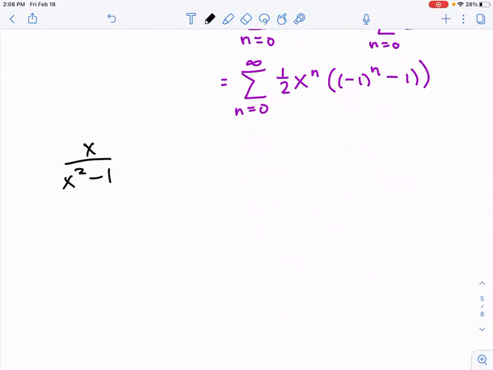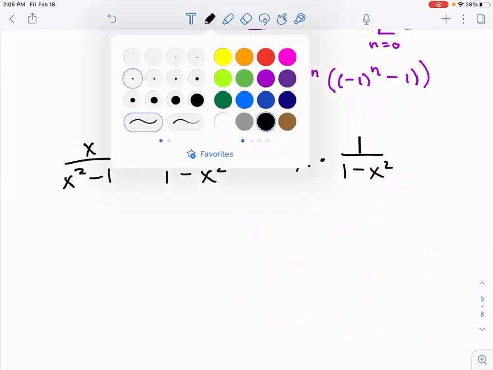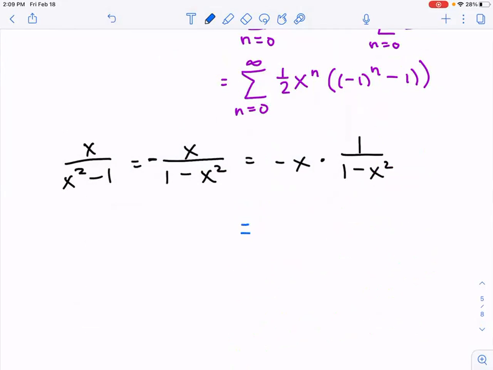x over x squared minus 1. Could I write this as x over 1 minus x squared, but throw a negative out front? So really what I have is negative x times 1 over 1 minus x squared. How is that helpful? So we have negative x times x to the n.